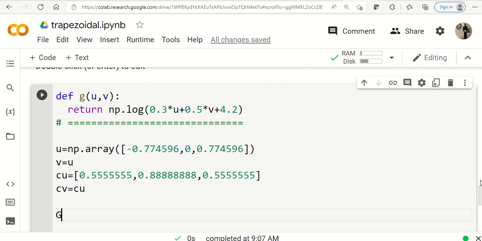So I write GL, the Gauss-Legendre summation, equals 0, right?